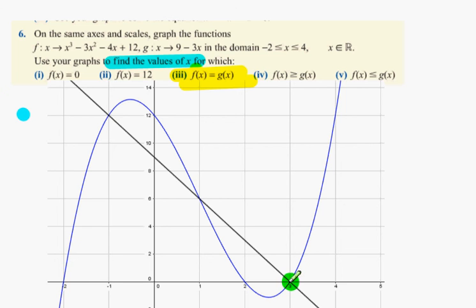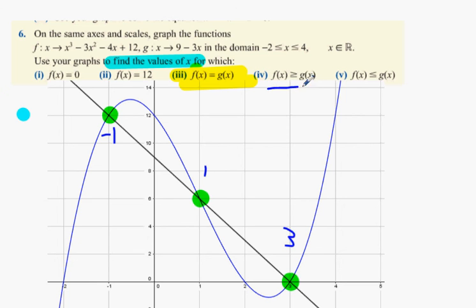There's 1, there's 2, and there's 3. But what are the x values for when this happens? Minus 1. What's the other two? Minus 1, the second one, 1, and the third one, 3. Okay, that's done.